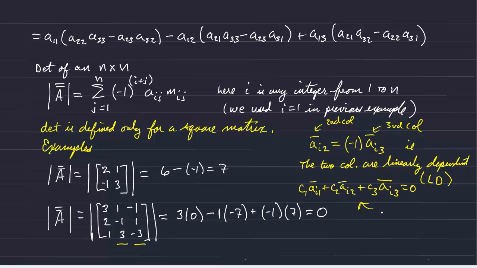So this is the general case of linearly dependent columns. That defines the linear dependence of the columns.